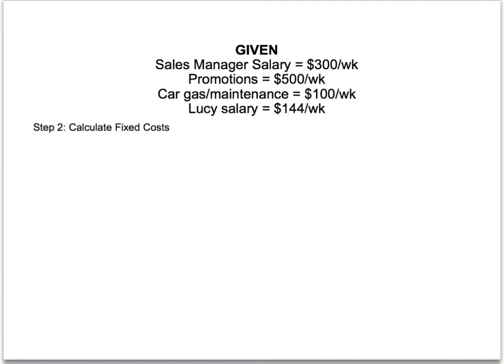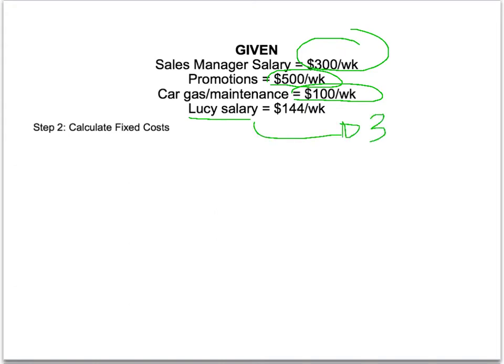Next step in the process is to calculate your total fixed cost. We know that we had a sales manager salary of $300 per week, promotions of $500, car and gas maintenance of $100 per week. And we know that Lucy allocated her cost.